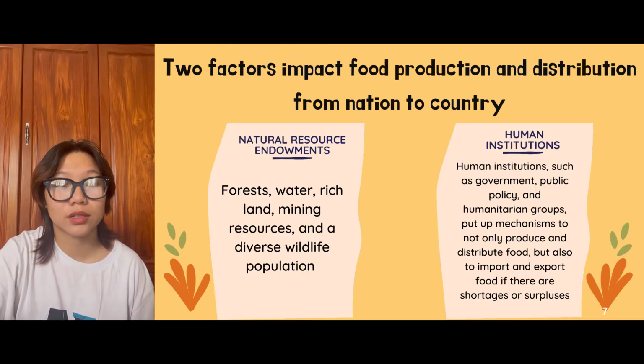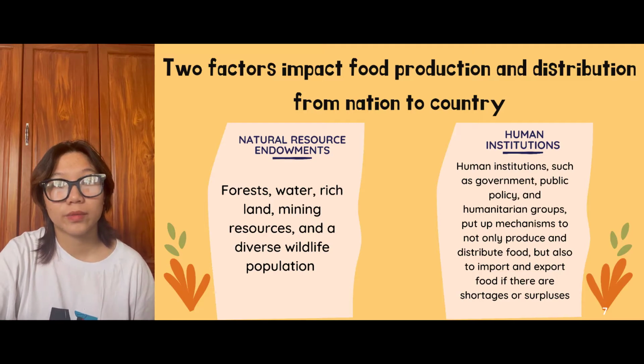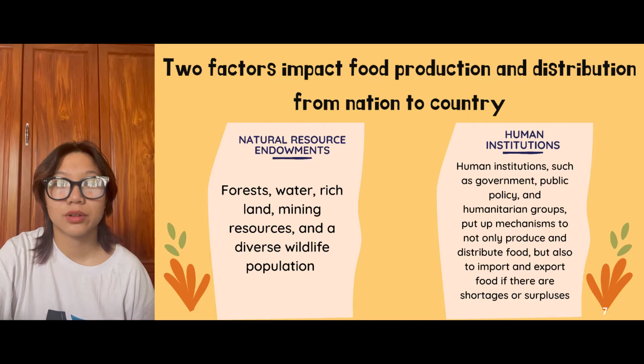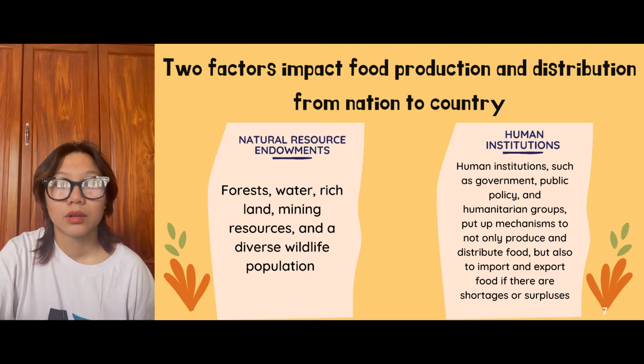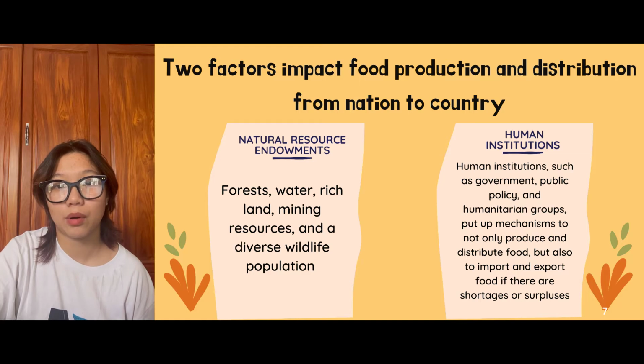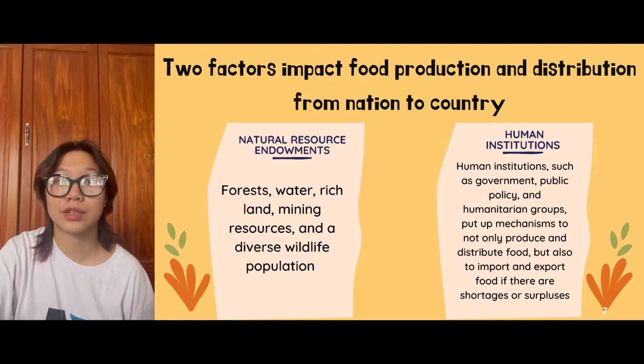There are two factors that impact food production and distribution from nation to nation: natural resource endowment and human institutions. Forests, water, woodland, mining resources, and diverse wildlife populations are examples of natural resource endowment.